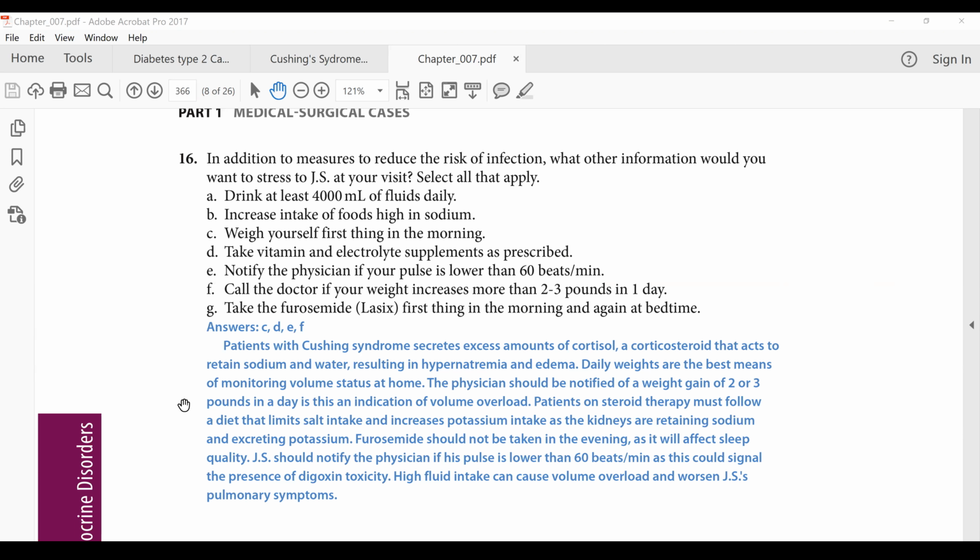So what are our electrolyte imbalances? High potassium, yep. Low sodium, correct, and there's one more. Yep, decreased sodium, there's one more. What happens to the calcium? Does it go up or down? It goes up.